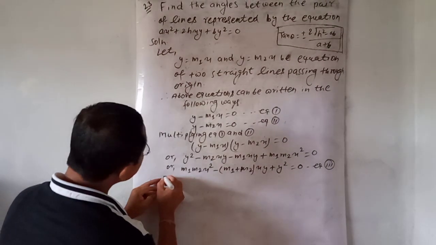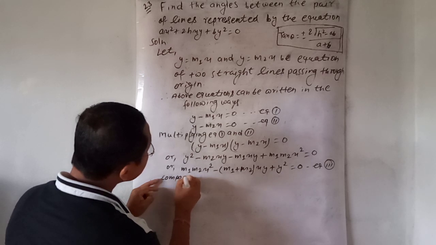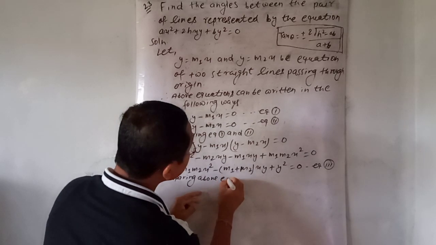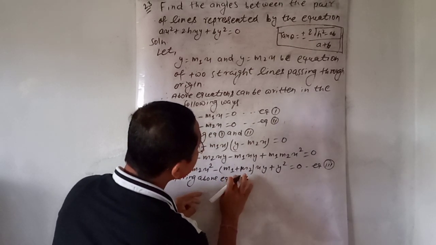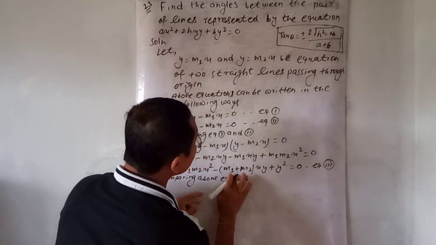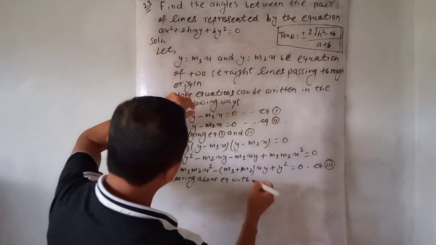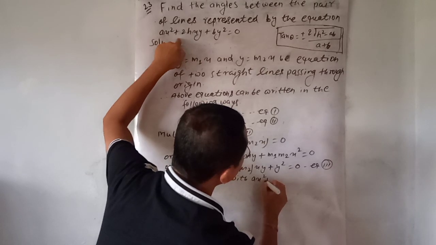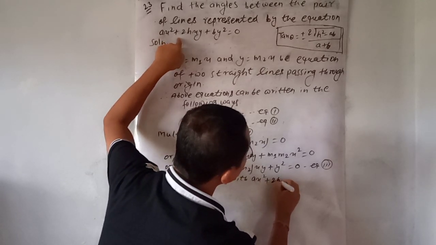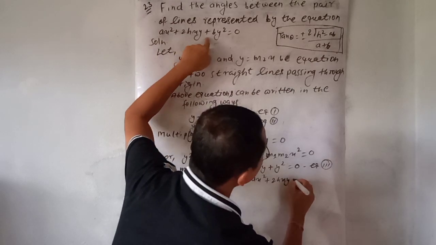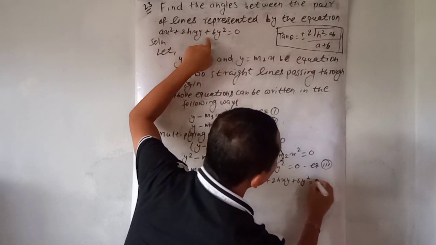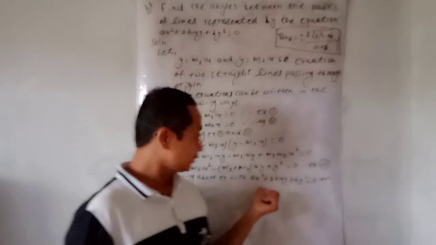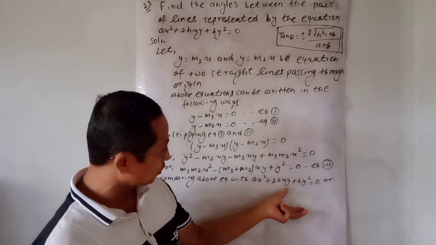So comparing the above equation with ax square plus 2hxy plus by square is equal to 0, look at here, ax square plus 2hxy plus by square is equal to 0.